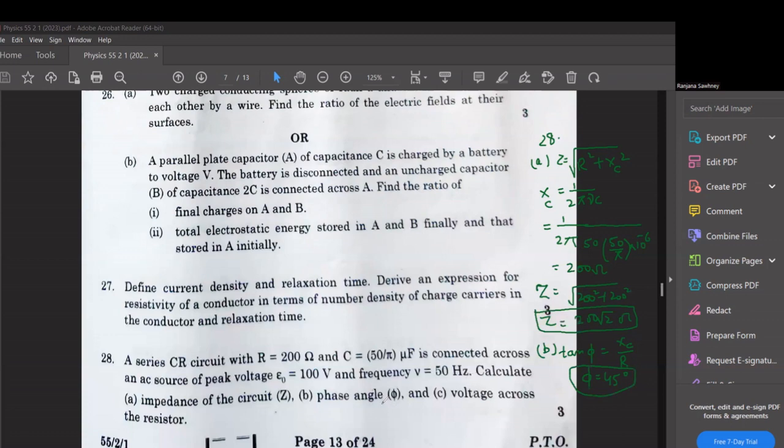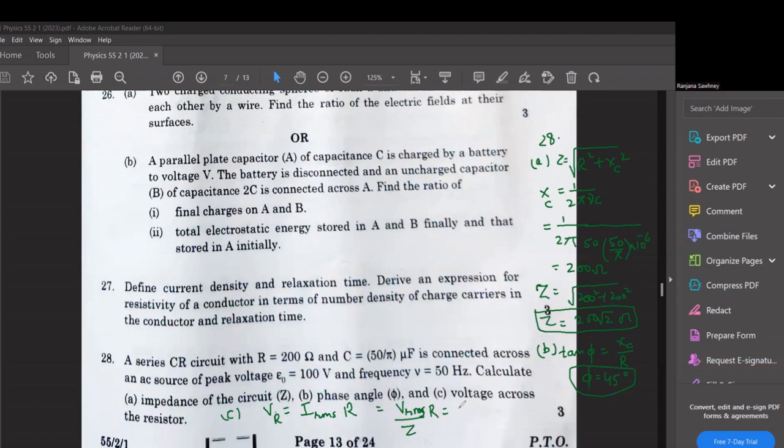Next is the voltage across the resistor. Voltage across the resistor, VR is equal to IRMS into R. IRMS can be written as VRMS upon Z into R. Now how to find out VRMS? This is V naught, 100 volt.